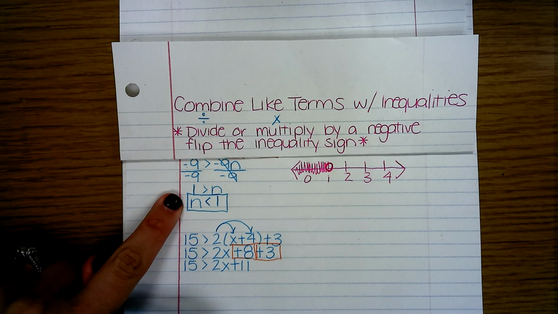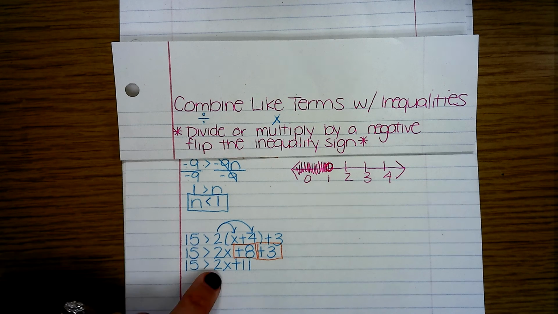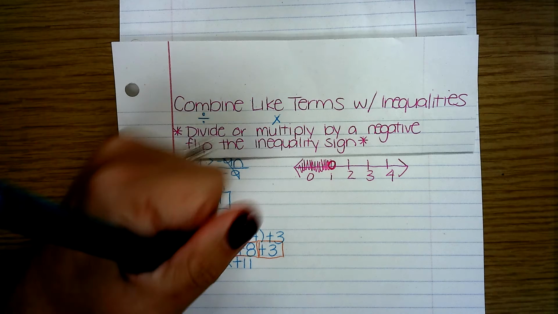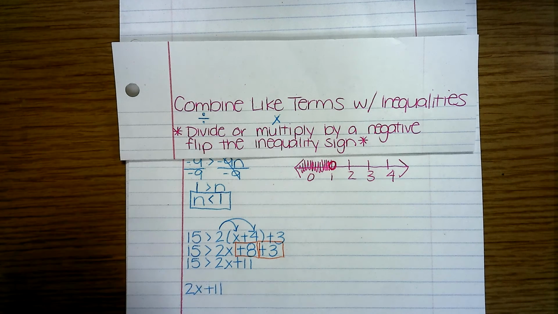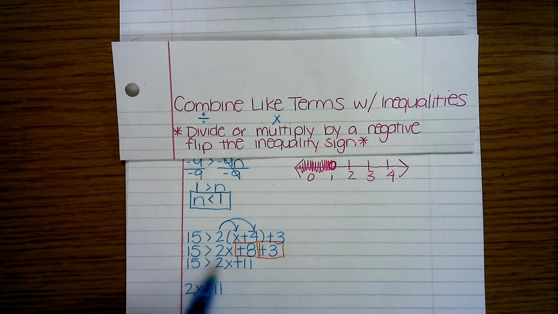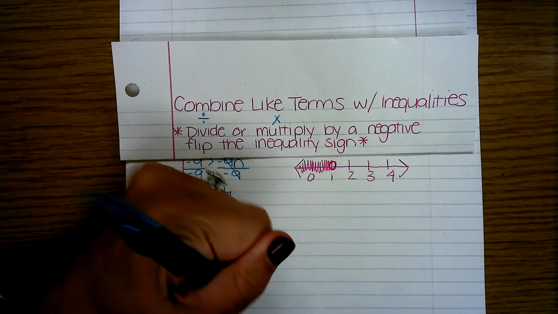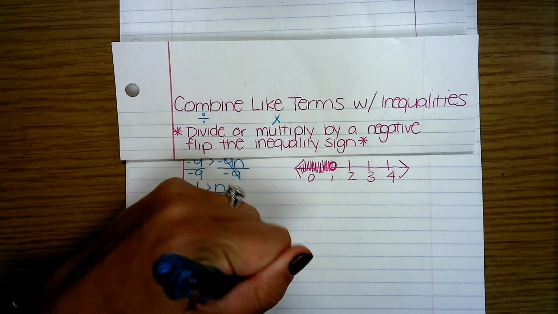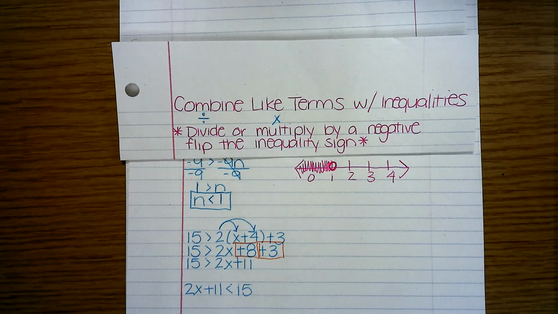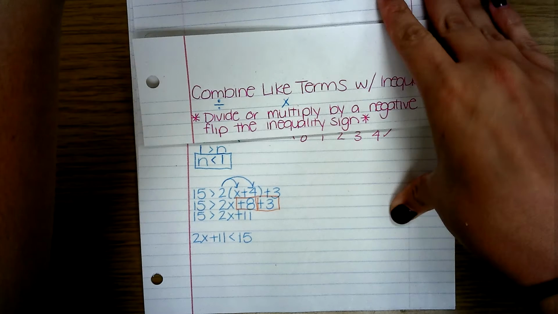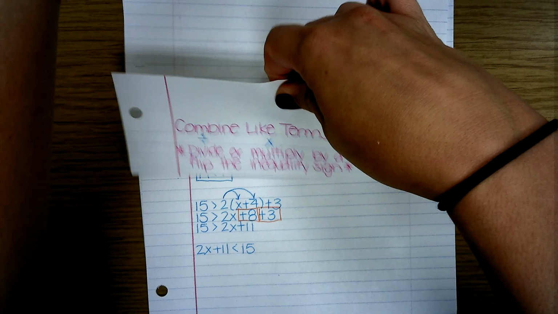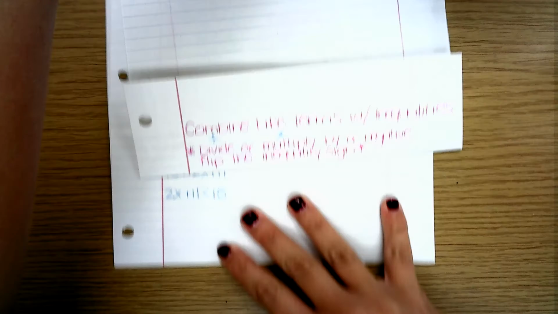So just like in the example up here, I'm just going to rewrite this whole side on the left. So 2x plus 11, not changing any signs. But then I have to remember I'm flipping this inequality symbol and it's less than 15. So I've changed nothing about my problem. I've just made it easier to solve so that when I get my solutions, I graph them correctly.